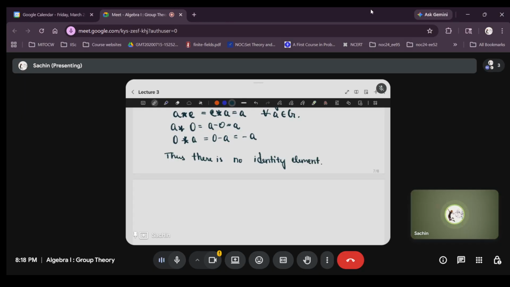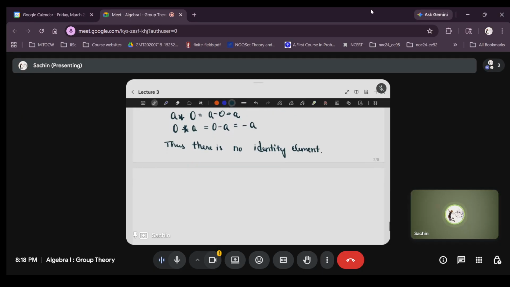In fact, we can also check another property, which is the associativity. Associativity is also violated for subtraction because (5 star 3) star 2 is 5 star 3 minus 2, which is 5 star 1, which is 5 minus 1, and this is 4.